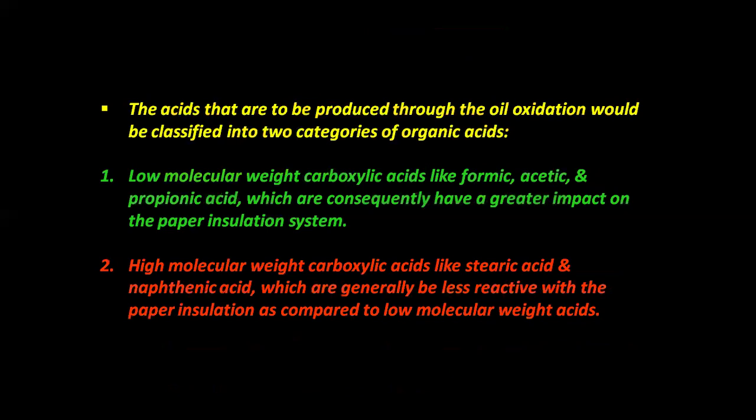The acids produced through oil oxidation are classified into two categories of organic acids. One, low molecular weight carboxylic acids like formic, acetic, and propionic acid, which consequently have a greater impact on the paper insulation system.